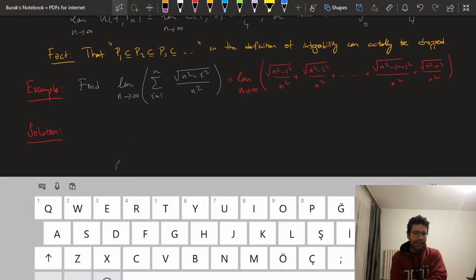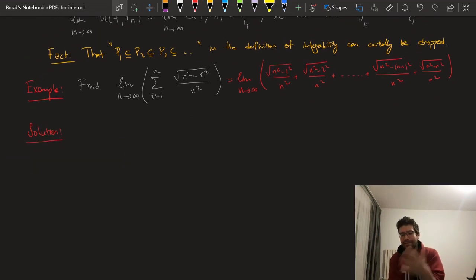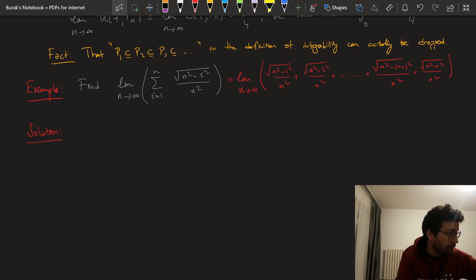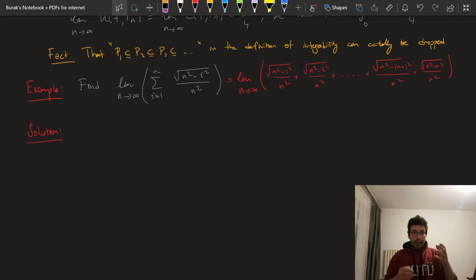Now, in practice, let's be honest, you won't run into such problems, okay? Why am I solving this question? To teach you about Riemann sums.